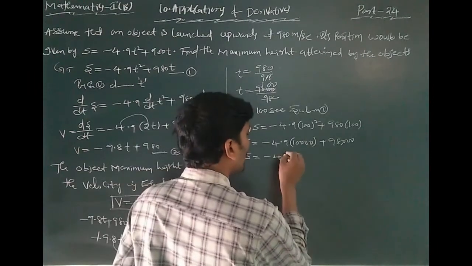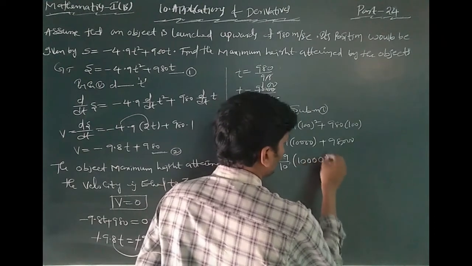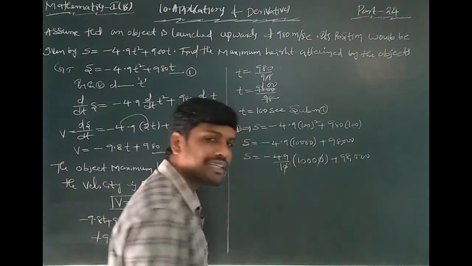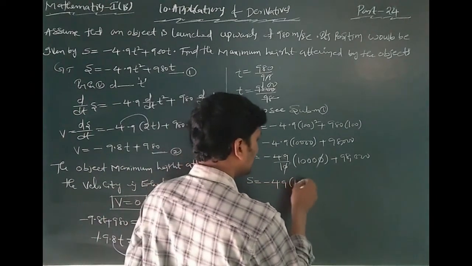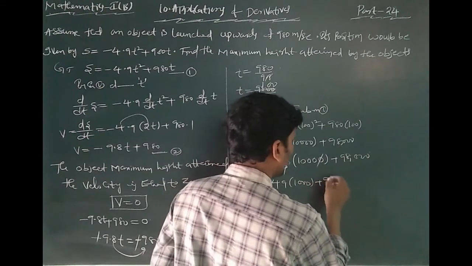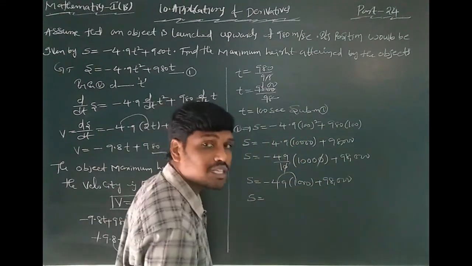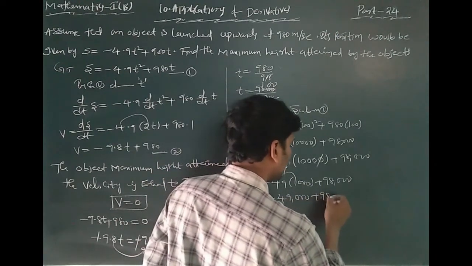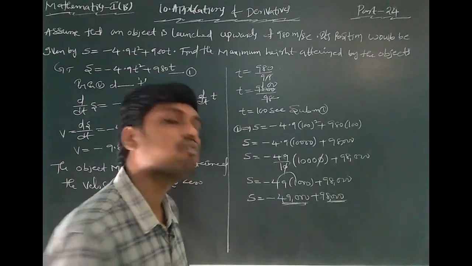After that you can write this is equal to minus 4.9, you can write 49 by 10, into 10,000 plus 98,000. Here the 10s get cancelled. What remains is minus 49 into 1000 plus 98,000. Here minus 49 into 1000 is minus 49,000 plus 98,000. How much? 98,000 minus 49,000 is 49,000.